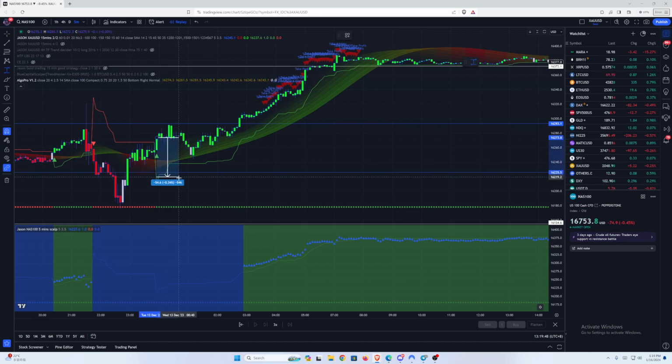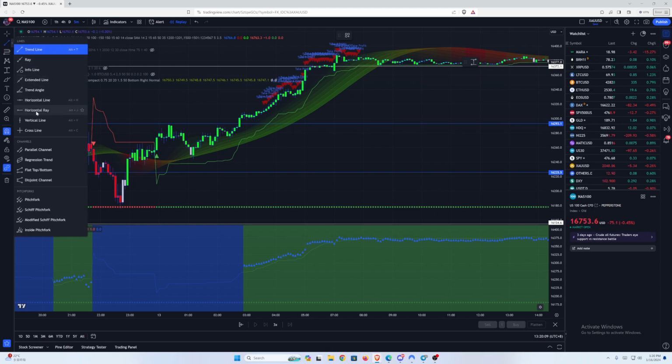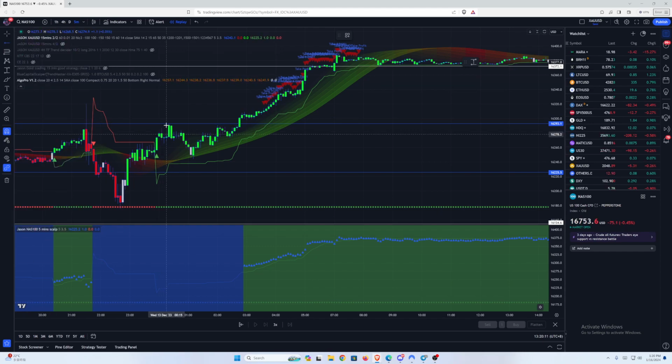So first of all, we will enter, for example, if we got this whole green thing in here, right? So we will enter here with one lot, okay? And the price will go up, and then it will be retracing. Once it retraces, we will place a horizontal ray on the top of the price where it started to retrace.